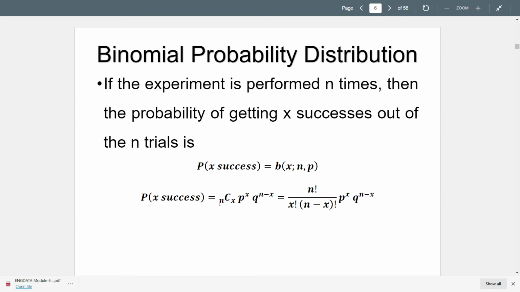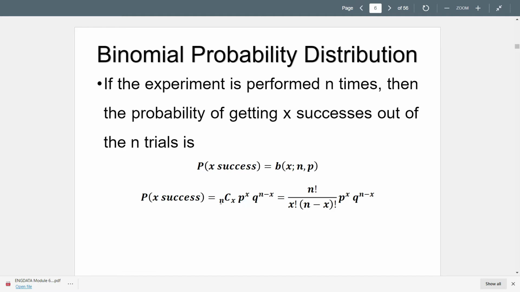That is the probability of x successes, given by the combination of the number of trials and the number of successes, and the probability of success and the probability of failure.